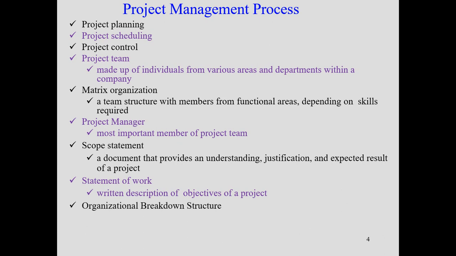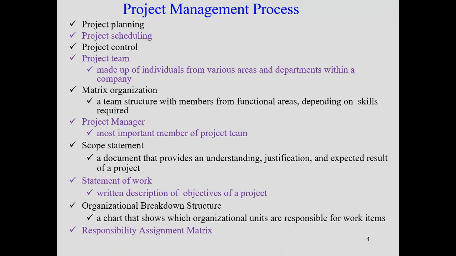Organization breakdown structure, how the organization is divided into small sections, small units or sub-organizations, and so on. A chart that shows which organization units are responsible for work items. Responsibility assignment matrix shows who is responsible for work in a project. So these are the different project management processes.